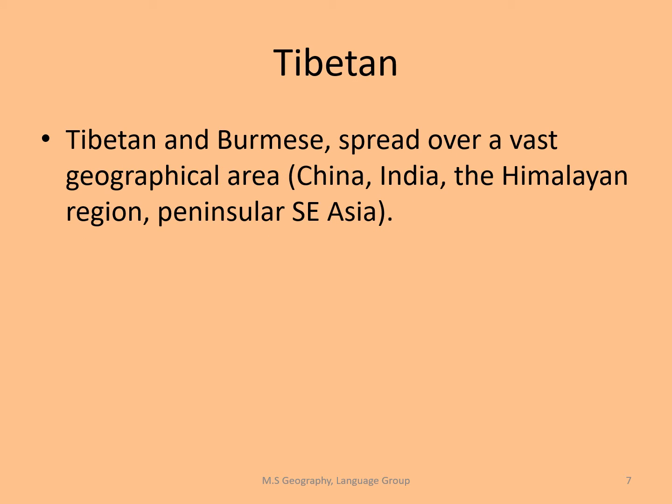And the next one is the Tibeto-Burman language. It covers a vast geographical area, part of China, Tibet plateau, India, and the adjacent zone of the Himalayan plateau region and part of the peninsula of Southeast Asia.